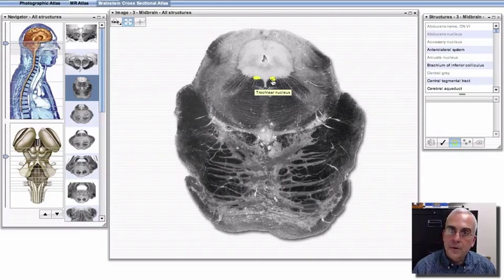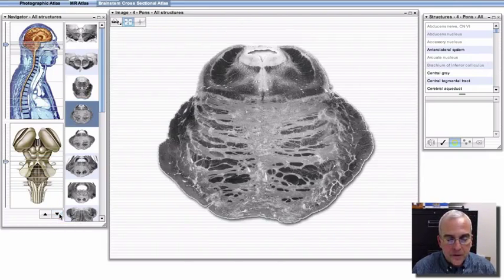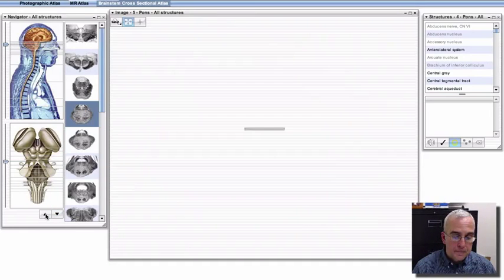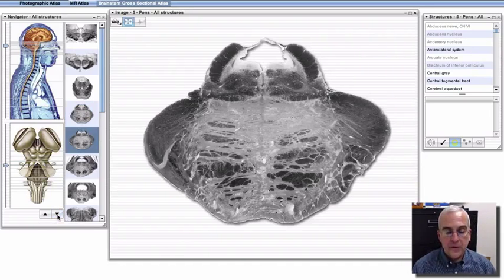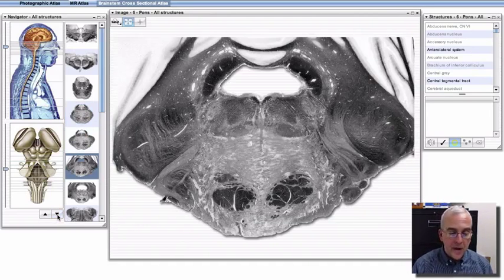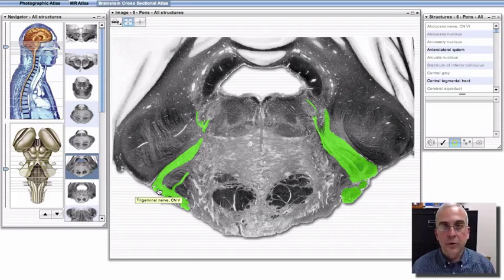So that's nerve 4. Nerve 5 is near the center of the pons, so we need to section through the pons just a little bit in order to get to the trigeminal nerve. And at this level, we see these broad, massive nerve roots of the trigeminal nerve on either side.